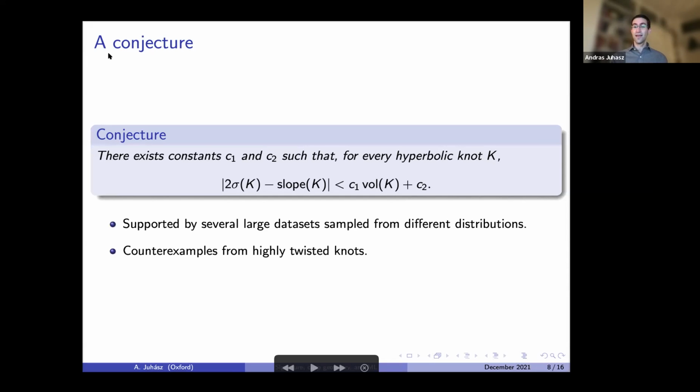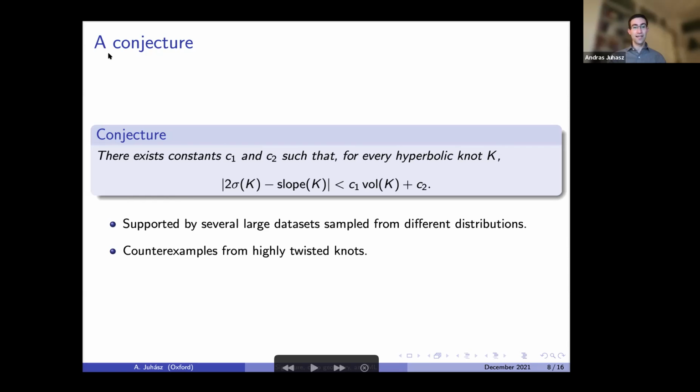But actually, we managed to obtain counterexamples using highly twisted knots that I'm going to talk about in a second. This is actually an important caveat whenever you try to conjecture something using large data sets: there might be some counterexamples lurking in some non-generic family somewhere.